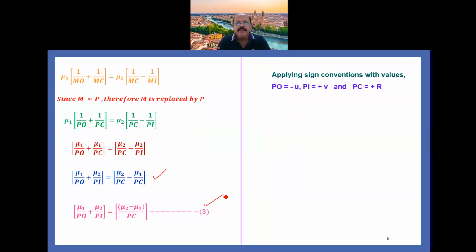And PC, the radius of curvature, is also in the direction of the incident ray, so PC equals plus R. Substituting these values in equation 3, it becomes mu1 upon minus u plus mu2 upon v equals mu2 minus mu1 upon R. So this is the expression for refraction from rarer to denser medium at a convex spherical refracting surface.